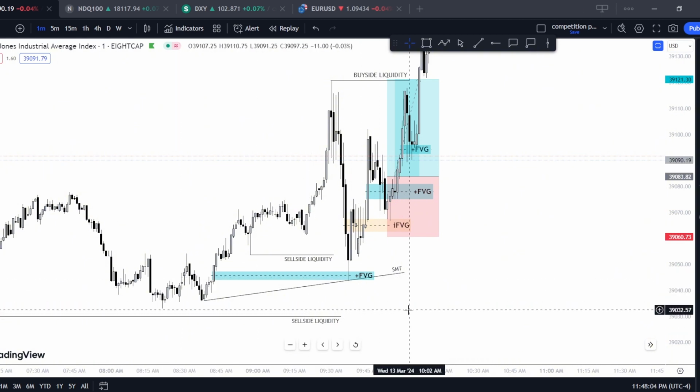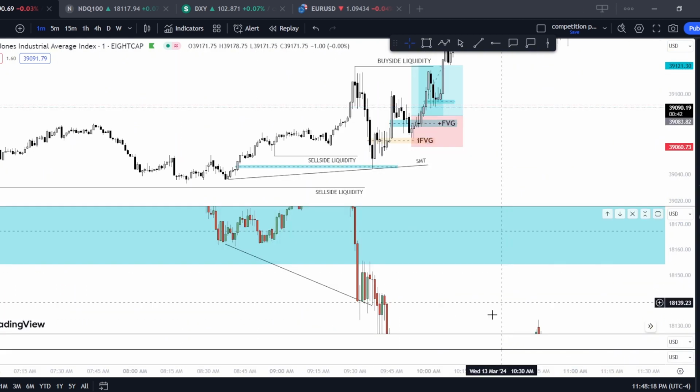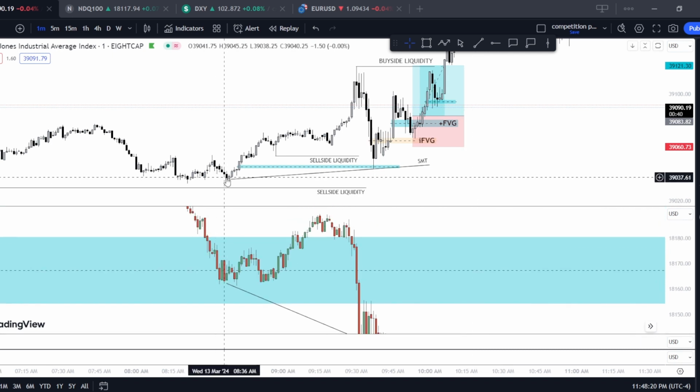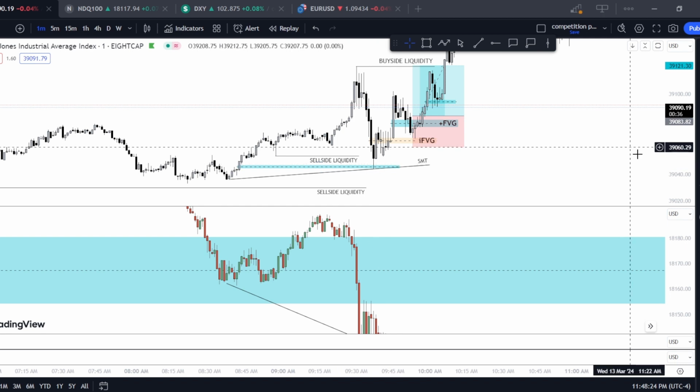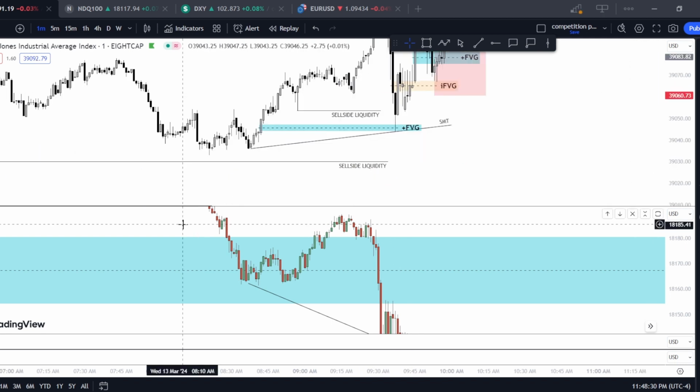I'll teach you guys how to use an SMT divergence. SMT divergence is like this, okay? So we have a low right here, and then we have a higher low on US30. If we compare the US30 and NAS 100, US30 and NAS 100 are correlated pairs, so they should be moving in tandem.